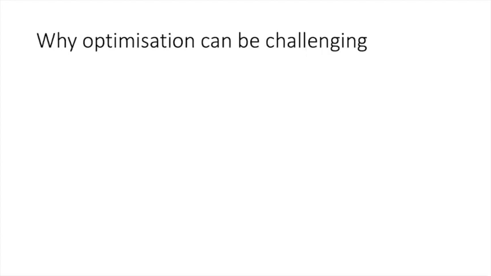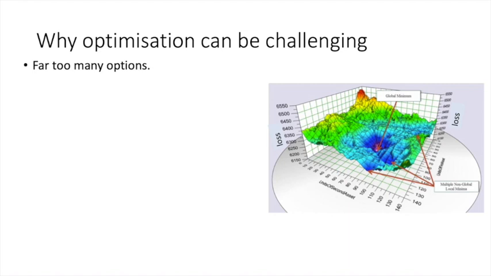However, optimization can be quite challenging for various reasons. One of the reasons is that often there are far too many options. For instance, see this figure on your screens. The z-axis, the one that's going vertically up, shows the loss of some sales in some business.